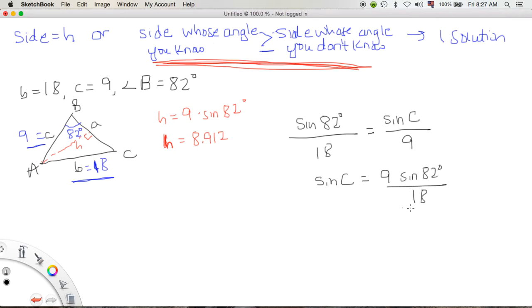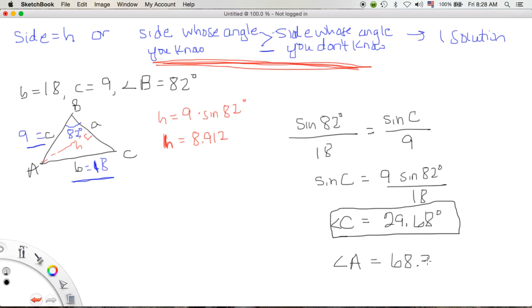Plug this all in your calculator, make sure you're in degree mode, then take the inverse sine, and you get that C has to be 29.68 degrees. So now, how do we find angle A? Right, a triangle is 180 degrees, so we say 180 minus 82 degrees minus 29.68. So then we've got angle A has to be 68.32 degrees.